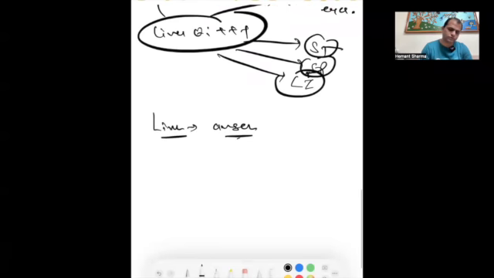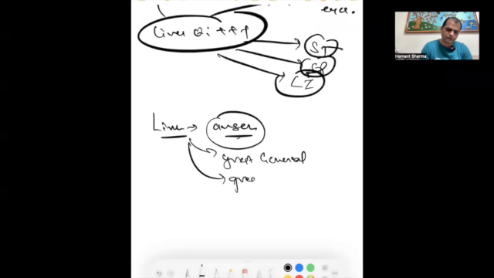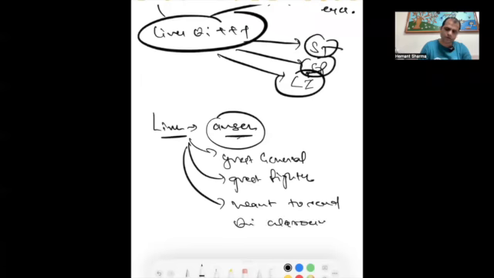The liver is also connected with anger. The liver is the great general, the great fighter, and the liver wants to send the energy all around. This is the normal nature of the liver.